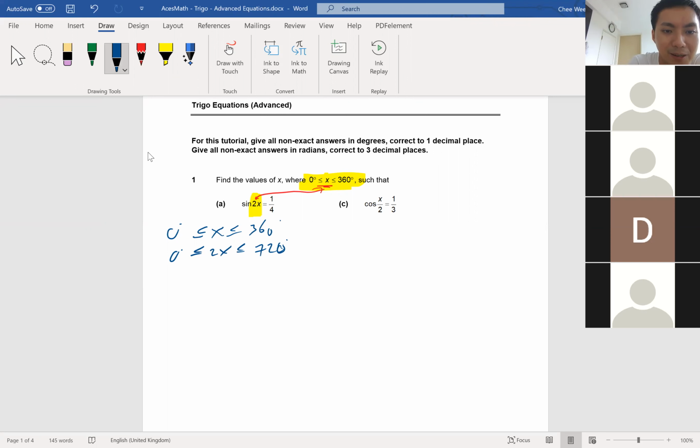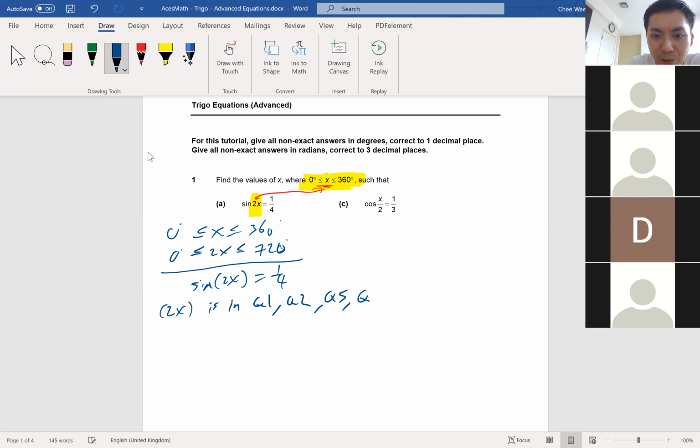So what do I mean by this? Sine 2x is equal to a quarter. So I'll write this 2x. We are solving for 2x because 2x is the one that's captured by the trigo. 2x is in Q1, Q2 in the first revolution, Q5 and Q6 in the second revolution.